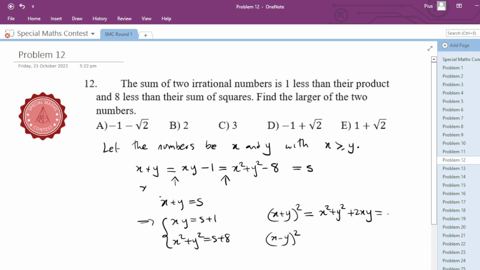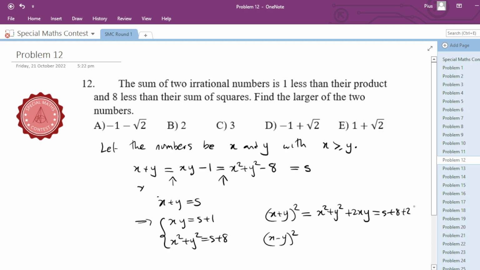And from those equations, what we're going to have is s plus 8 plus 2 into s plus 1. And on the other hand, this is very similar, but of course we have this minus 2 times this.